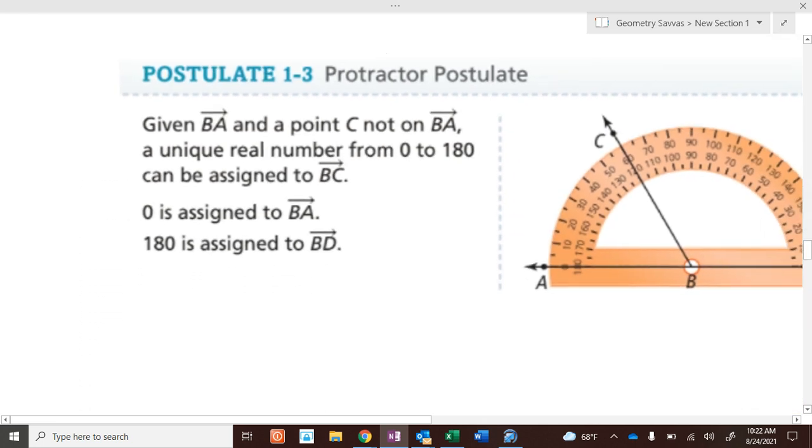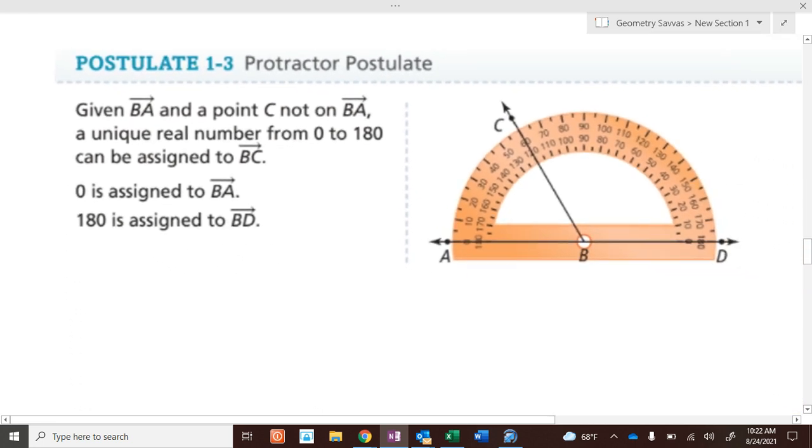Okay, next postulate. We had the segment addition postulate, the ruler postulate. Now we have the protractor postulate. Now you got to know how to use a protractor. Okay, so if you have an angle, and if I want to figure out angle ABC here, I look where the 0 is at.